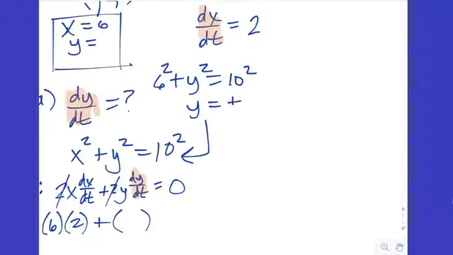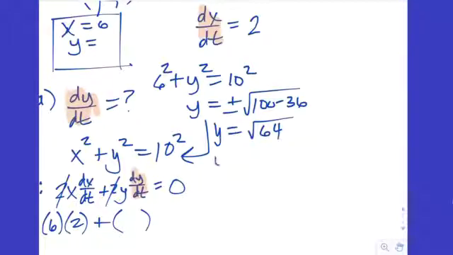So y ends up being plus or minus the square root of 100 minus 36. Do we want the minus one here? No, it's a distance, so it'll just be positive square root of 64, which is 8. And some of you did say it's your 3, 4, 5 right triangle, and it is. It's your 3, 4, 5 right triangle dilated by a factor of 2.